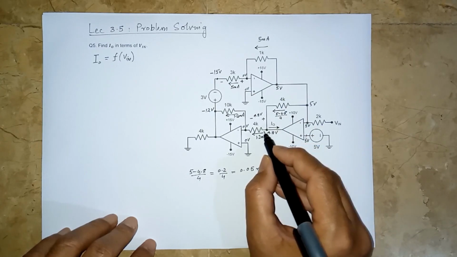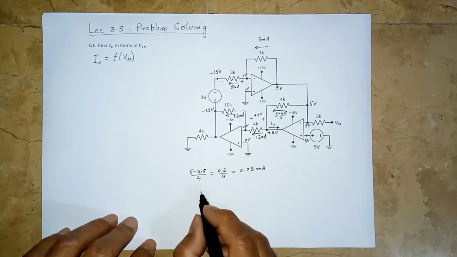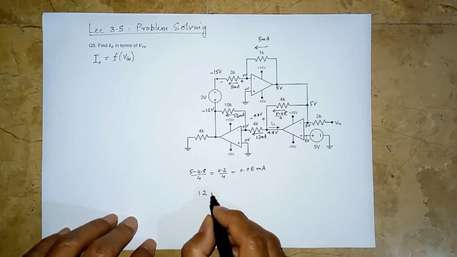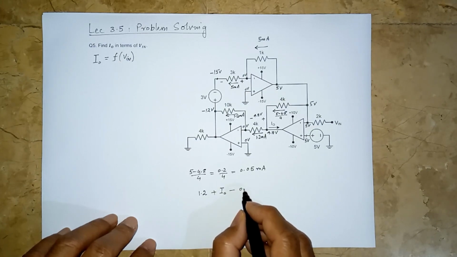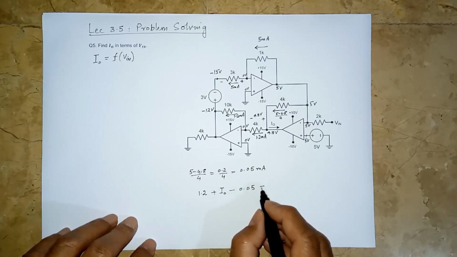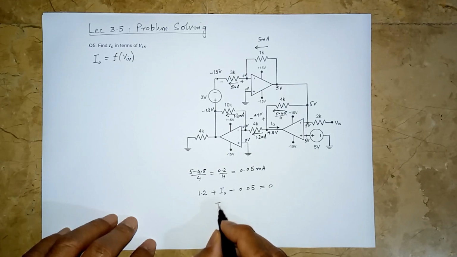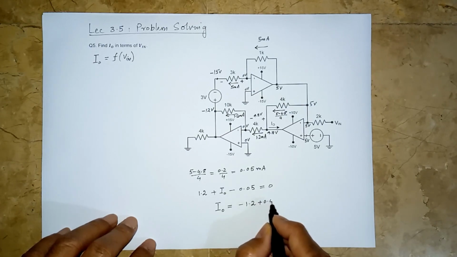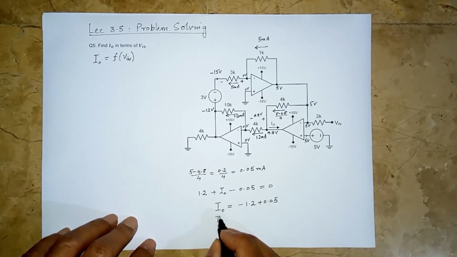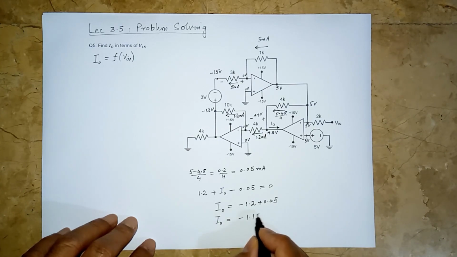and so for IO, if we apply KCL here, we can write outward current 1.2 milliampere plus outward current IO minus input current 0.05 milliampere must be equal to 0. So what is IO? IO is minus 1.2 plus 0.05, or IO is equal to minus 1.15 milliampere.